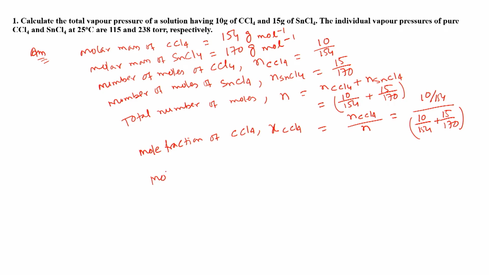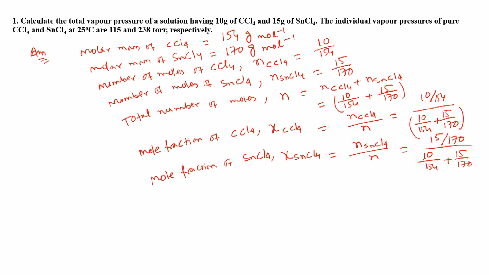Similarly, the mole fraction of SnCl4, X SnCl4, is N SnCl4 by the total number of moles N. So we write 15 by 170 over 10 by 154 plus 15 by 170.